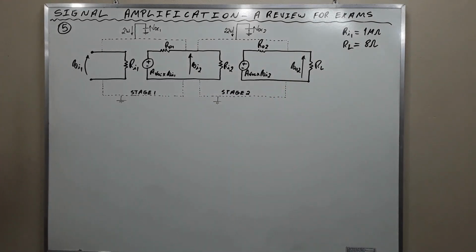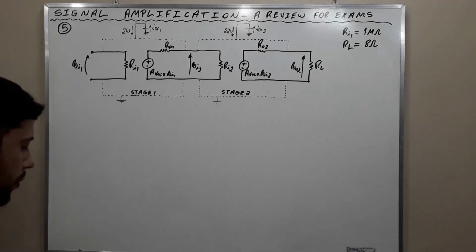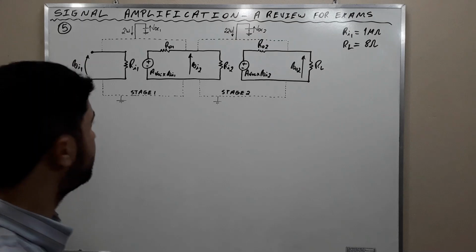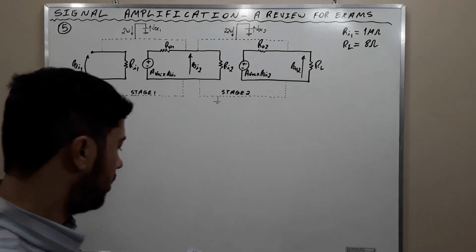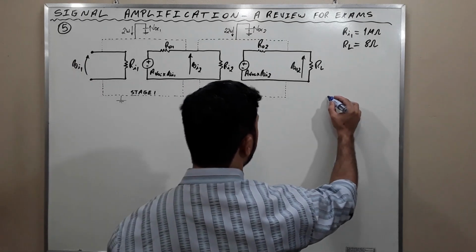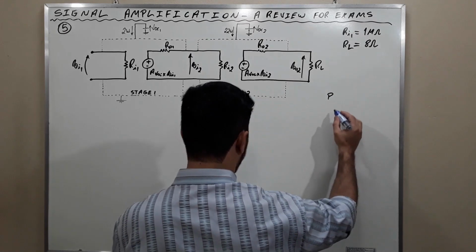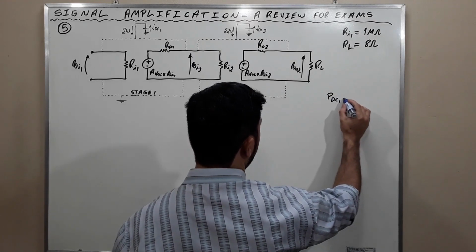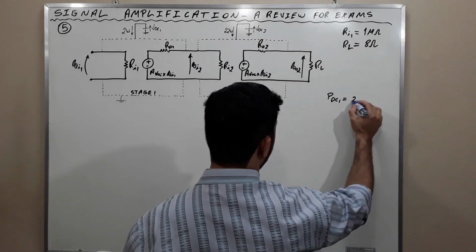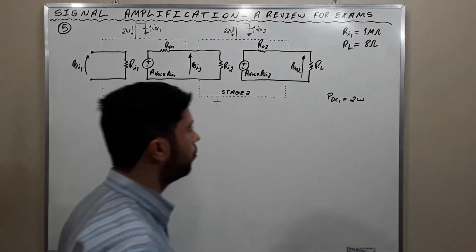Firstly, we're going to just see some of the parameters that the exercise already gave us. For example, the power supplied by the DC power supplies. Okay, the exercise gave us this. PDC1 is equal to 2 watts.